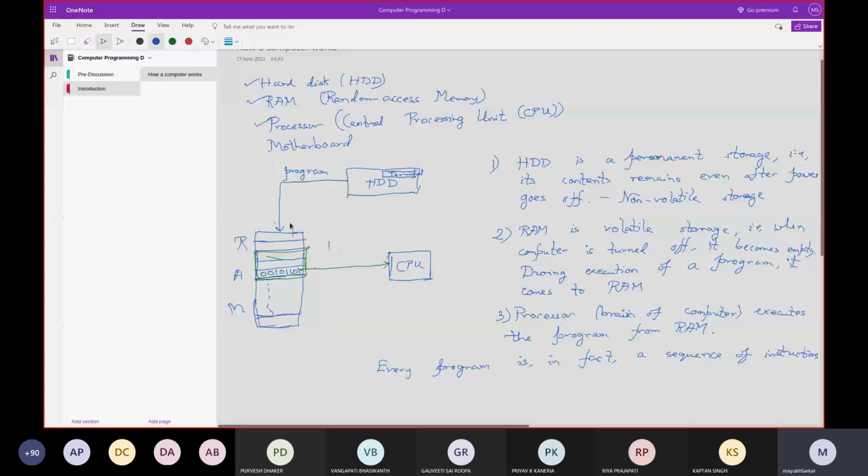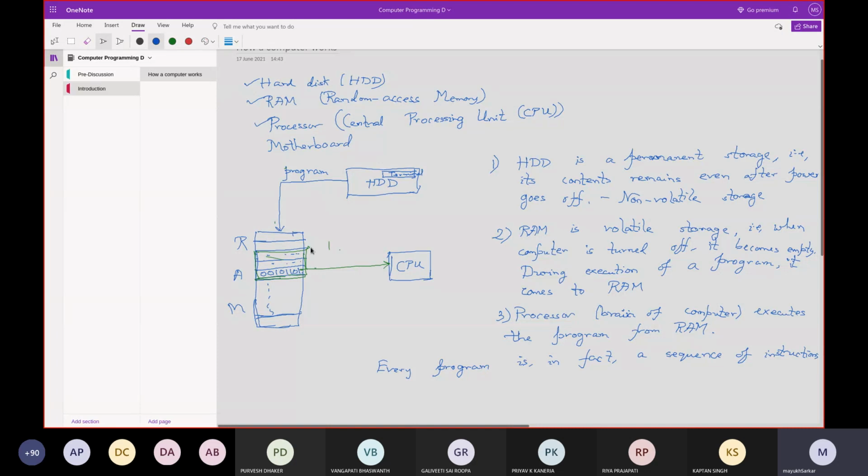Okay, it has come from the program. This has some particular instruction, this is some particular instruction, it is some data as well, right? I'm not going into the details. Now what the CPU will do is that it will take these instructions one by one, understand what is meant by that instruction, and will do the job accordingly.